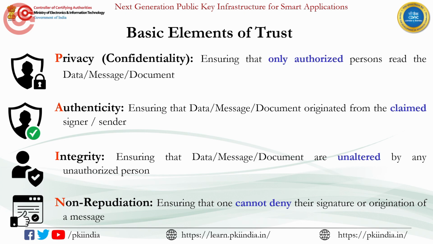So basically, with PKI in place, you will be able to achieve all four properties: confidentiality, authenticity, integrity, and non-repudiation. But digital signature technology will enable your application or document to achieve three out of the four properties: authenticity, integrity, and non-repudiation.